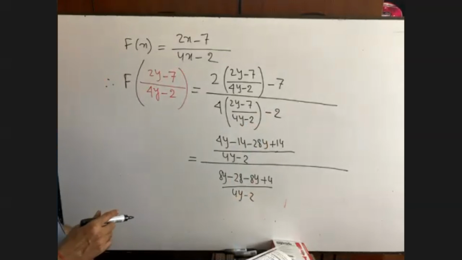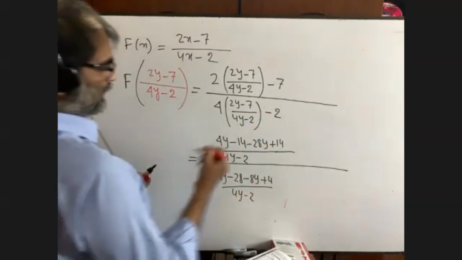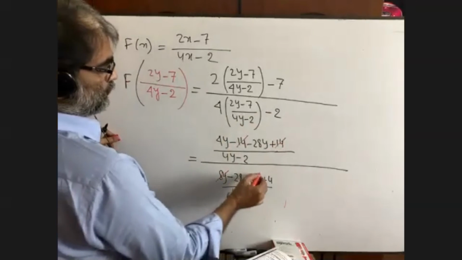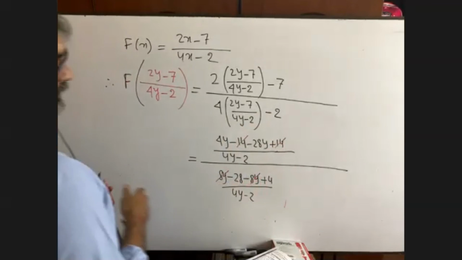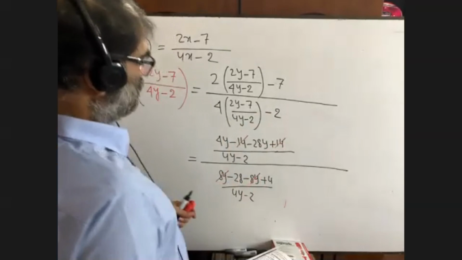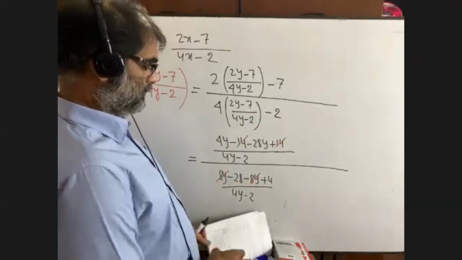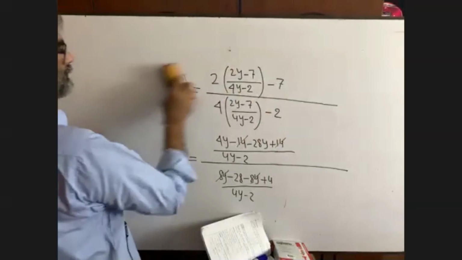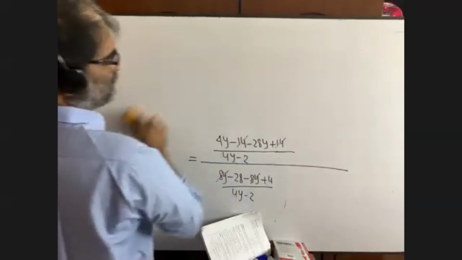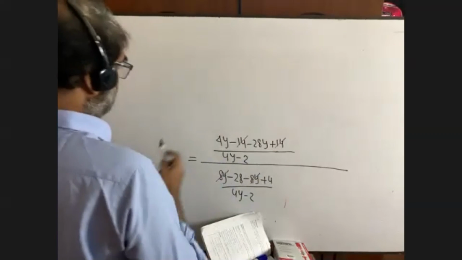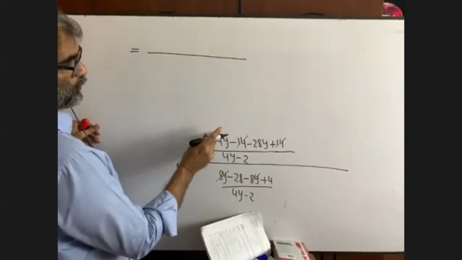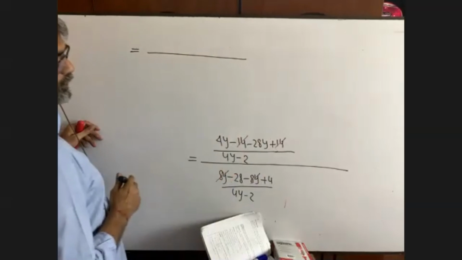Okay, so this is the math. What we are getting here, this omitted, and here this omitted. Which is equal to, you see, 4y minus 28y equals what?